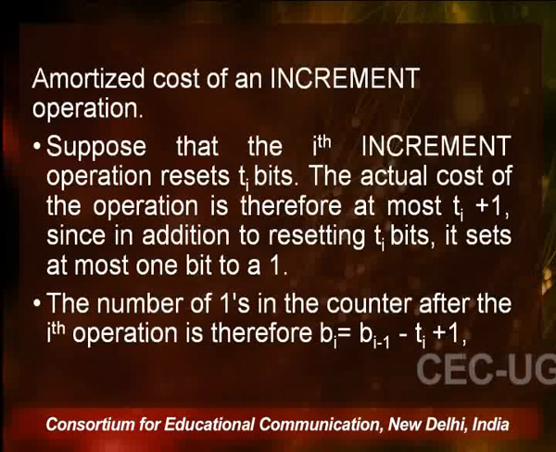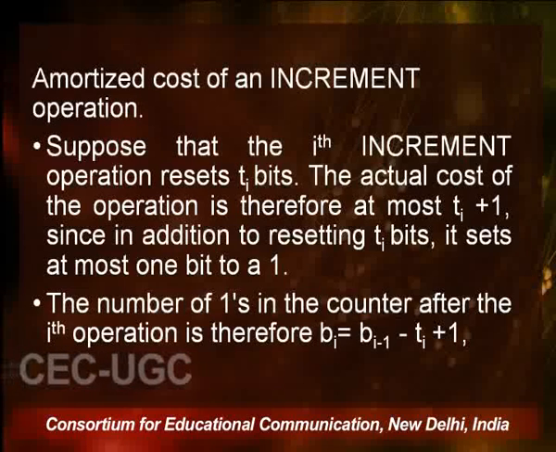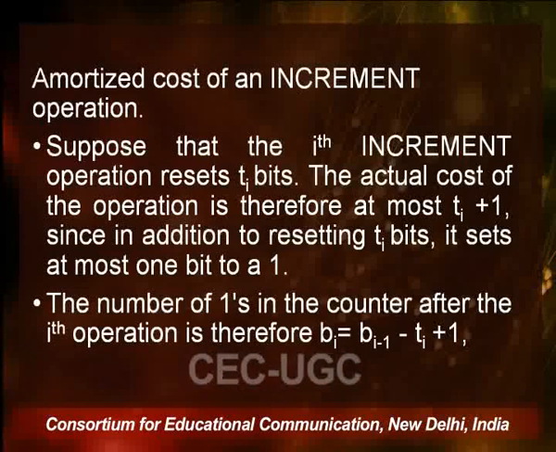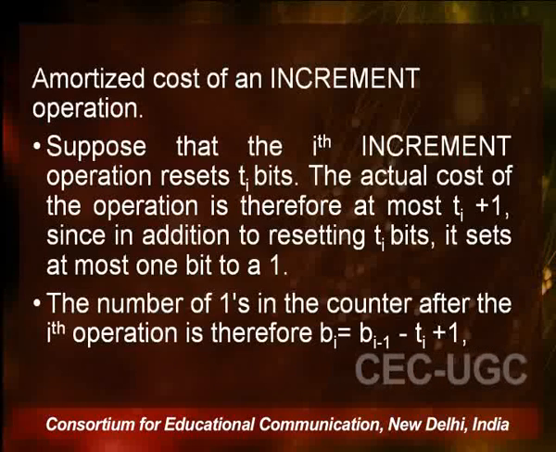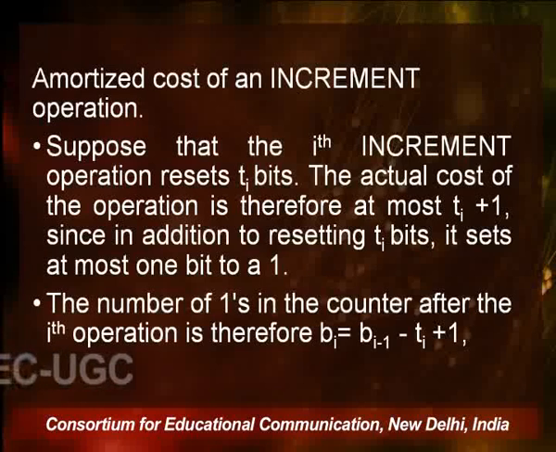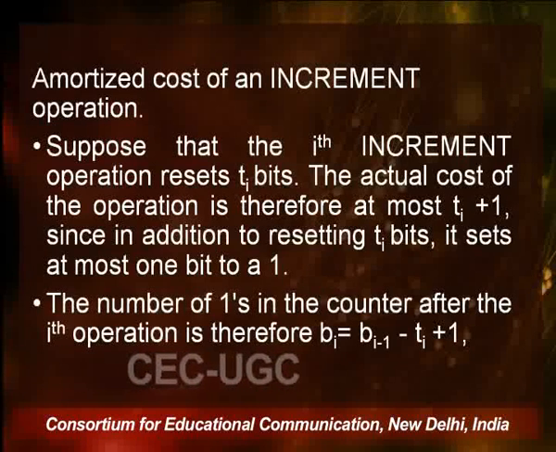So, the number of ones in the counter after the ith operation, denoted by Bi, is related to Bi minus 1, which represents the number of ones in the counter before the ith operation.